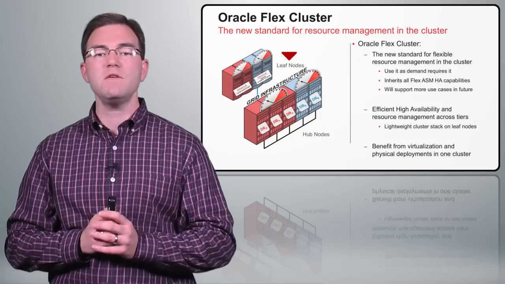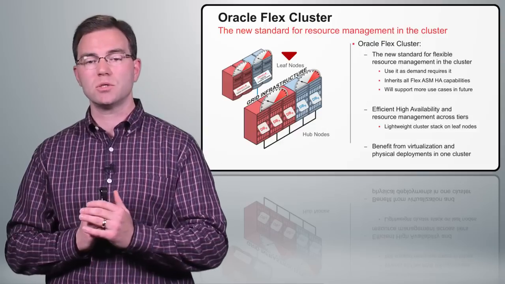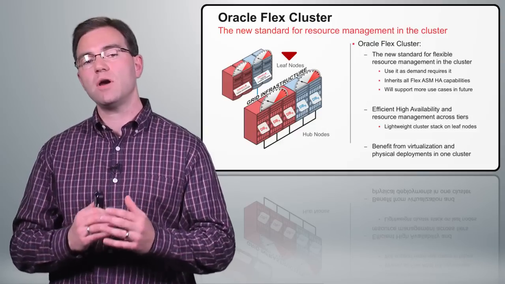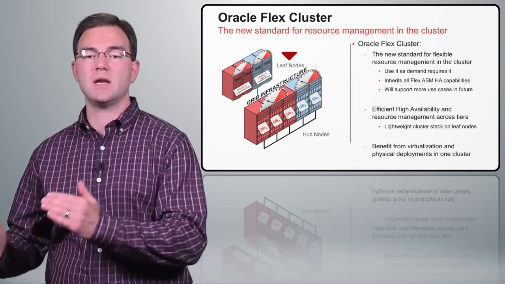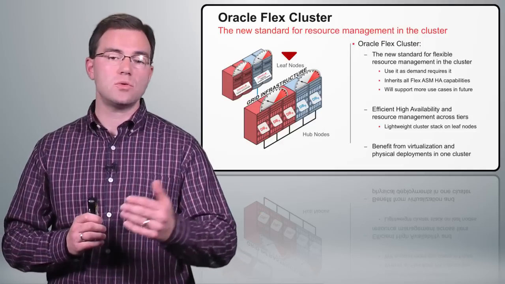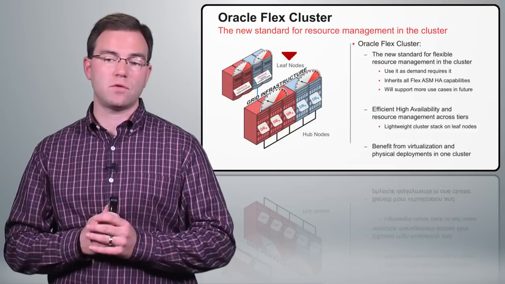In addition, leaf nodes are not talking to each other. They talk to the hub nodes for cluster operations. That means they are more efficient for non-database solutions such as applications. They also run a slightly lighter weight stack, and they can benefit from virtualization.